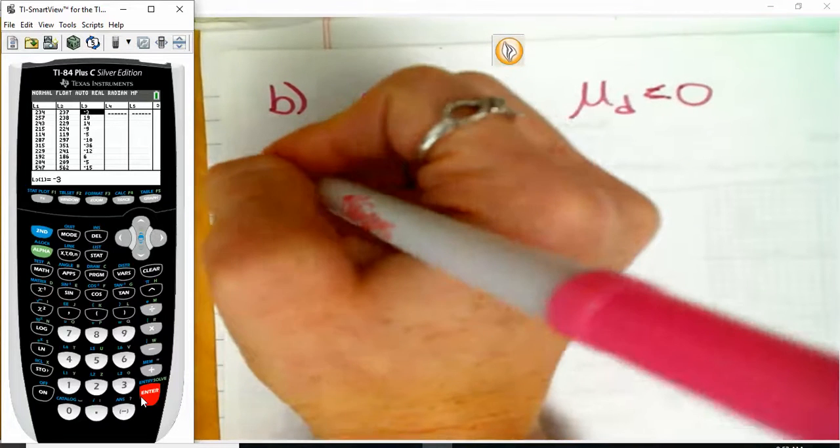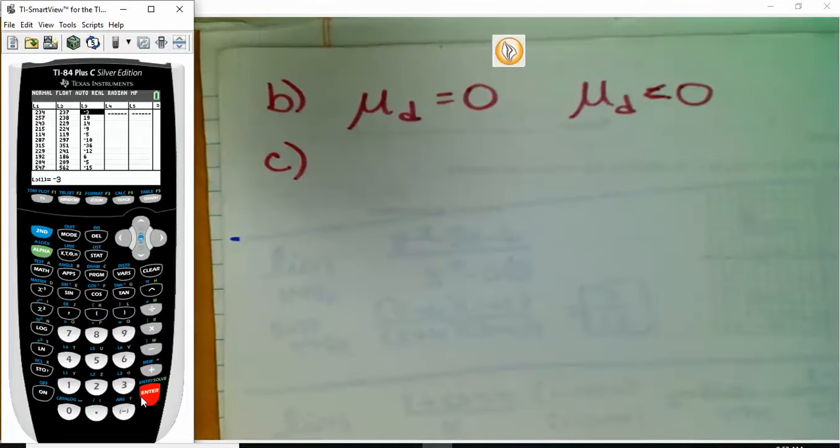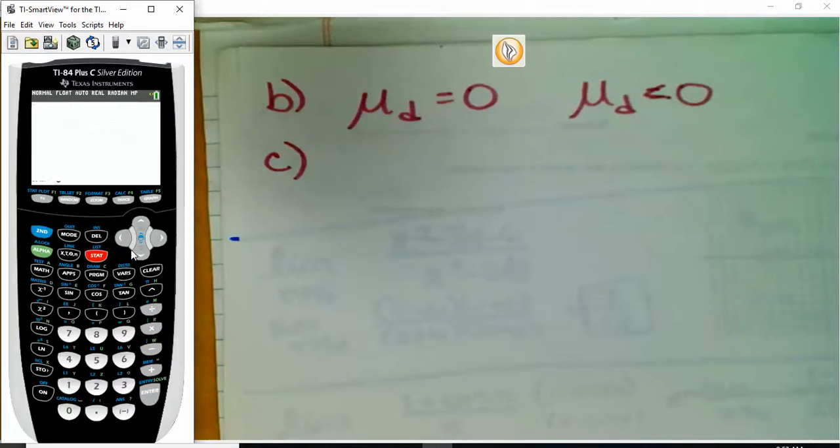Okay, part C. Assuming this data is normal, test it at the 0.05 level. So we are just using our calculator. So we go to Stat, Tests, and then what do we need to do? Which one? T-test. So that is number 2.